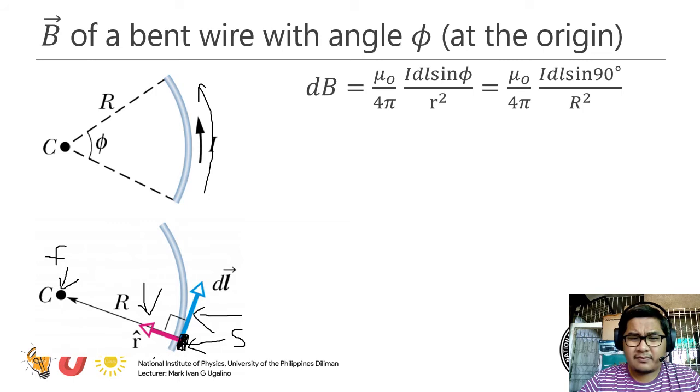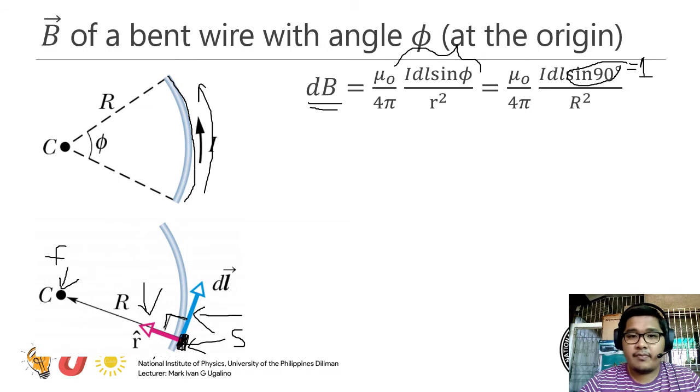Now, dB, the magnitude of the magnetic field, is just given by I DL sine phi. However, we can already see that anywhere along this loop, the angle between DL and R hat is equal to 90 degrees. They're always perpendicular. Hence, this sine phi is just equal to 1.